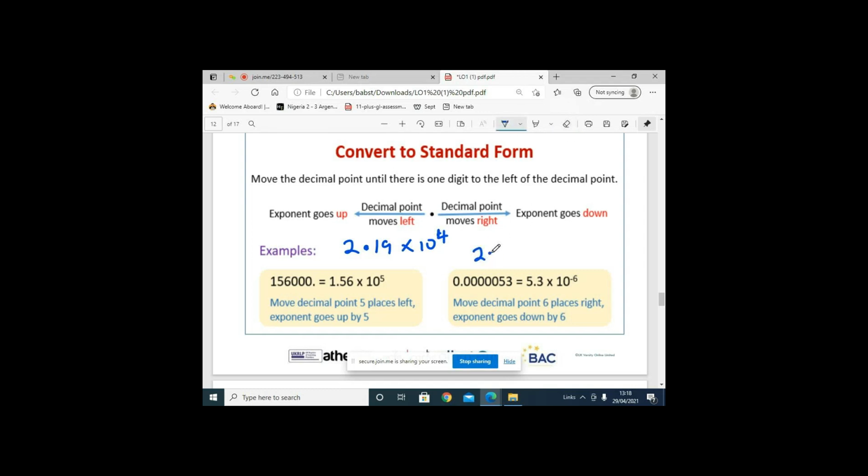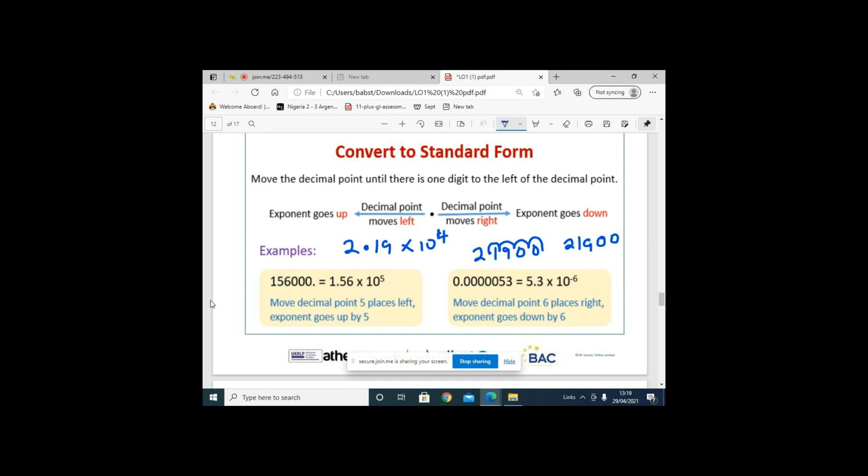Then you move the decimal to the right 4 times. So it's going to be 1, 2, 3, 4. Can you see? It's going to be 2 0. So it's going to be what? 21900. That's it. So I've changed it.